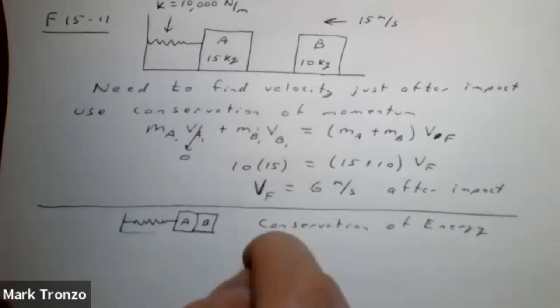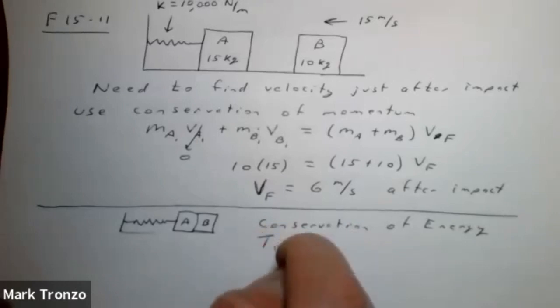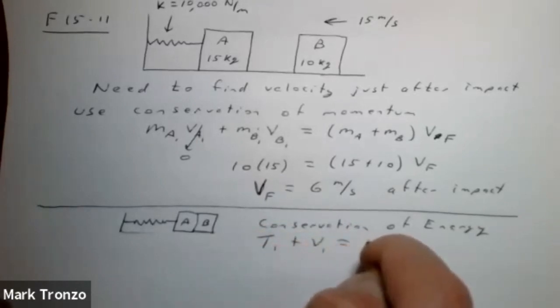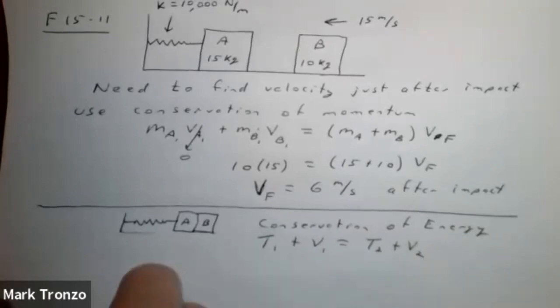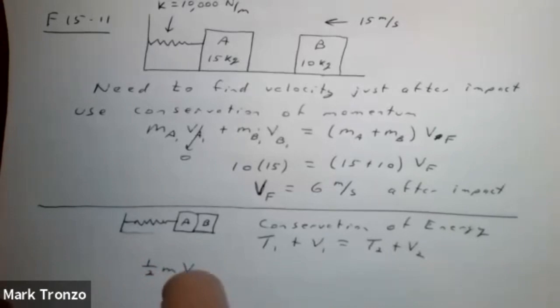Again, remember that T1 plus V1 equals T2 plus V2. And once again, it's 1/2 MV squared just after impact.